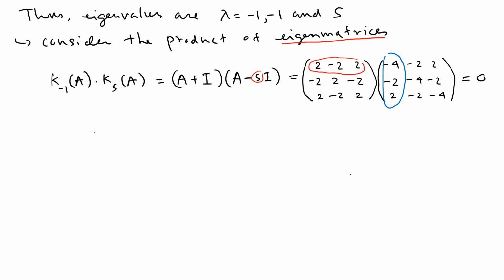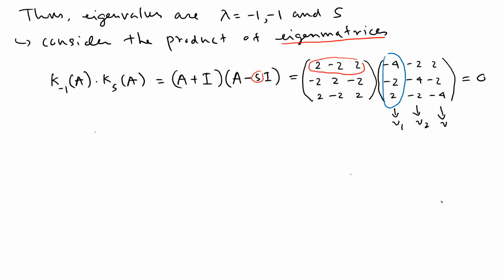Why? By the definition of eigenvector, what you're trying to do is find a vector which, when you multiply by the corresponding eigenmatrix, you get a 0. And that's exactly what happened, because you can see them as vectors. This is the first vector, this is the second vector, this is the third vector.